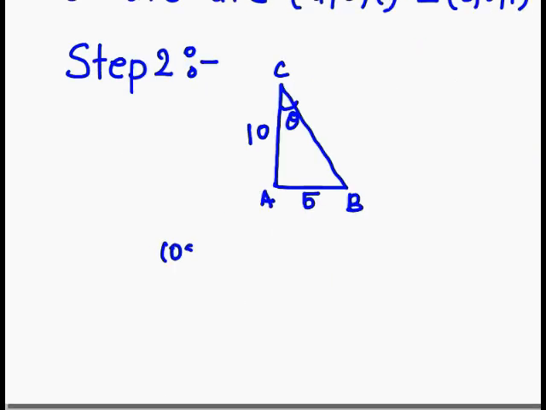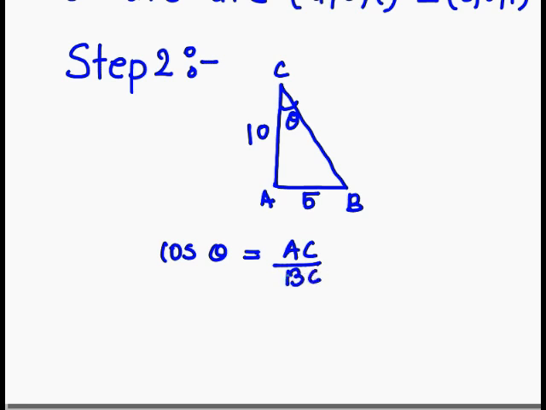So we already studied in the prerequisite section of this video that cos theta is nothing but adjacent upon hypotenuse. So please comment what is adjacent upon hypotenuse. Yes, it is correct. It is AC divided by BC. So what is cos theta?